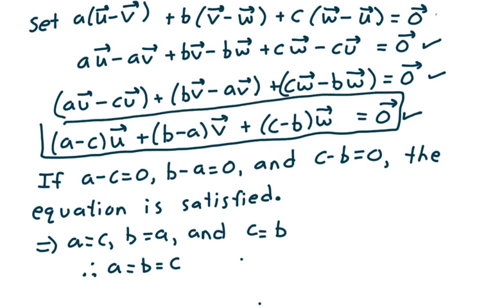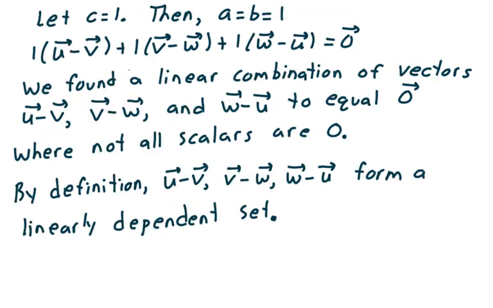And what that tells me is if a, b, and c are all the same number, the equation is satisfied. So all I have to do is let c equal 1. And if c equals 1, then a and b are both 1. And so therefore, 1 times (u minus v) plus 1 times (v minus w) plus 1 times (w minus u) equals 0.